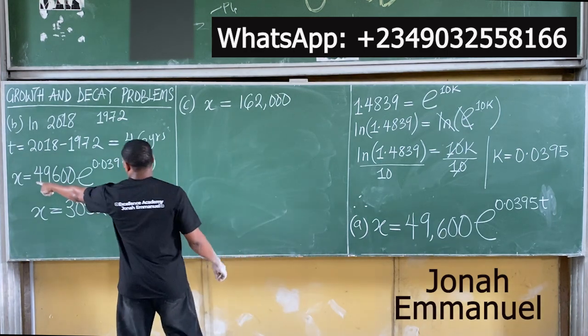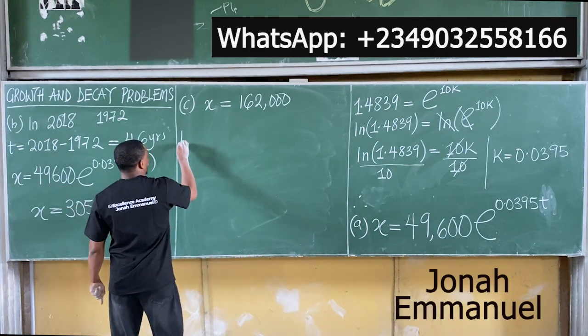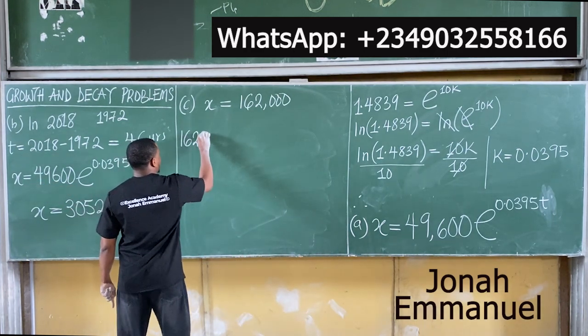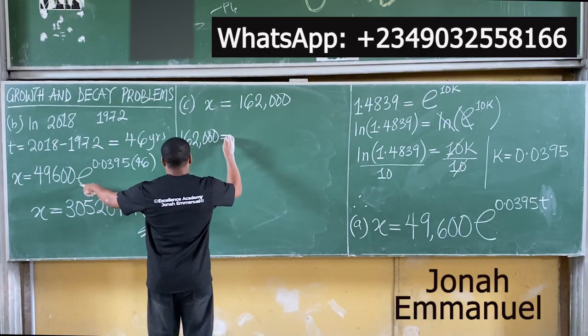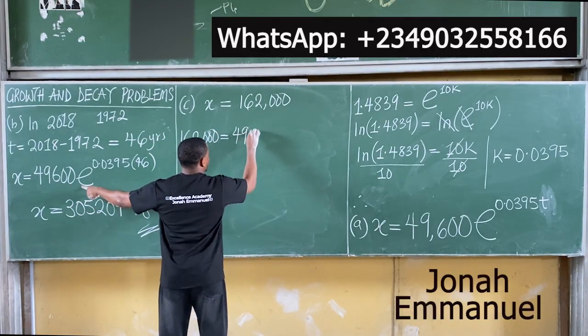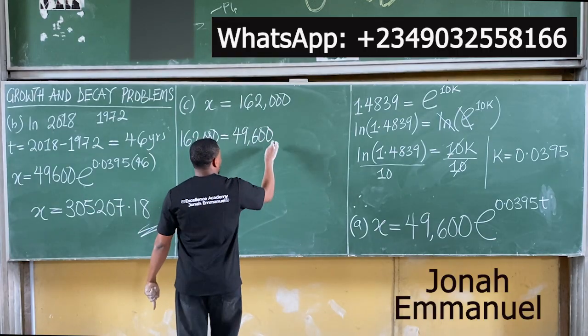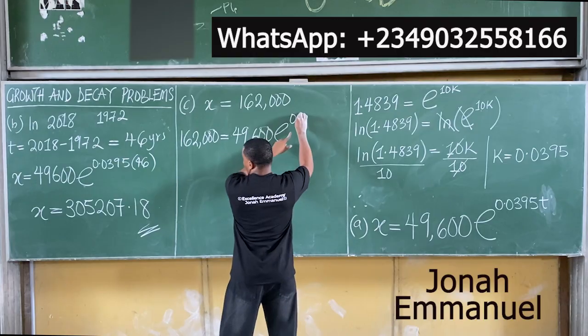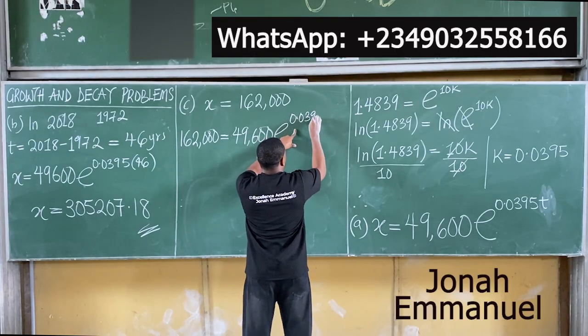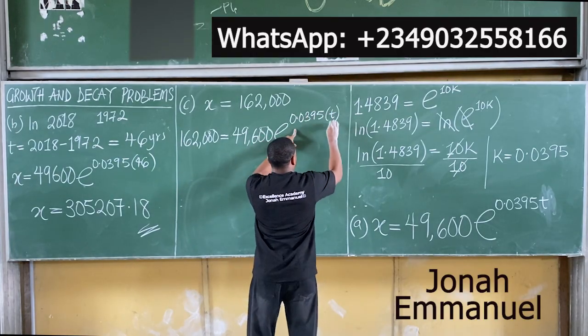When x is this, so you have 162,000 is equal to 49,600 exponential 0.0395 times t. Let's find t here.